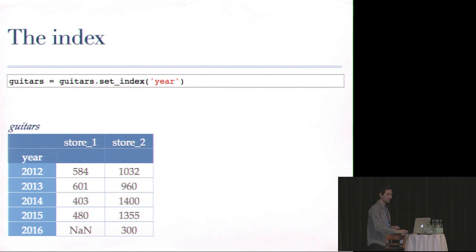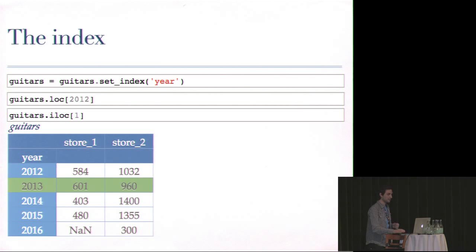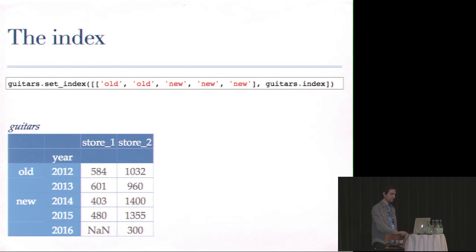So now if I want to select a specific row, I don't use the ordered index anymore. I use the name that this row has now, which is 2012. If I want to select a row by its order in the data frame, I use the iloc method. So here I'm selecting the second row by using iloc and 1 within square brackets.